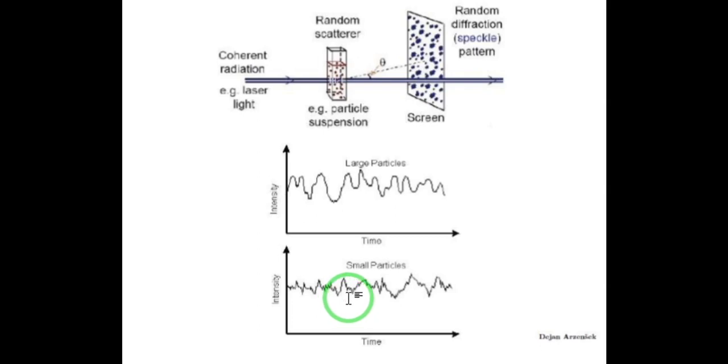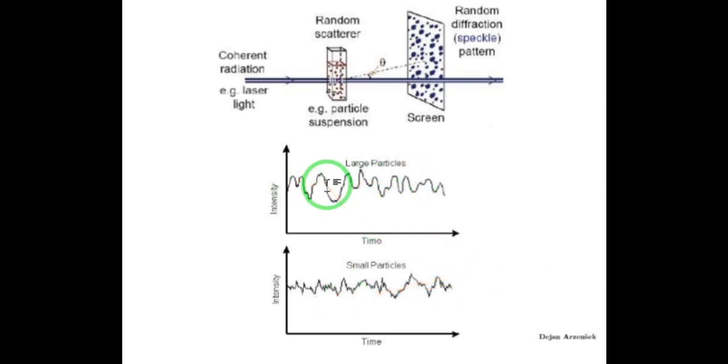Now I want to show you how we can get the information from these two patterns. Although you see that these are happening randomly, of course the patterns of these two are not similar.